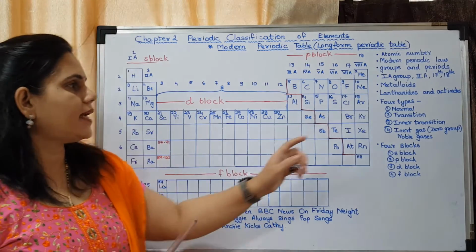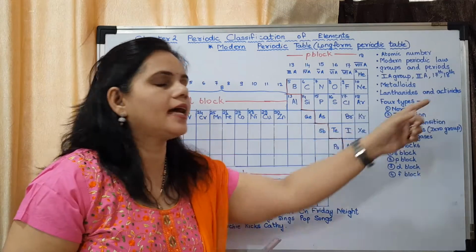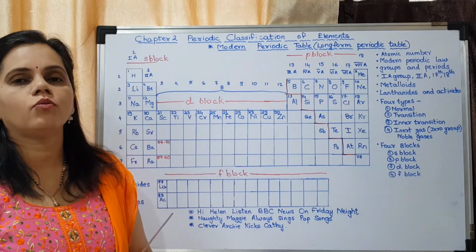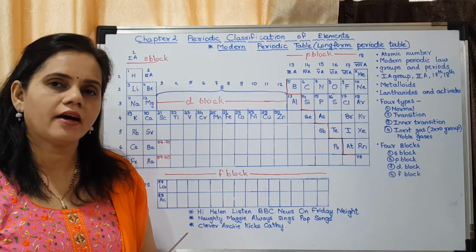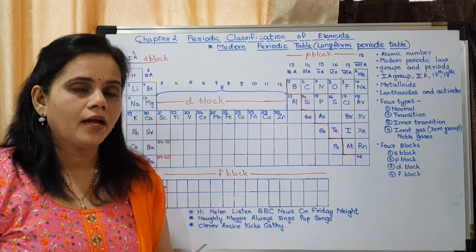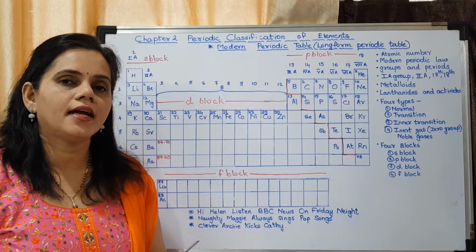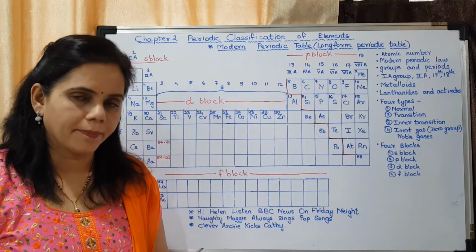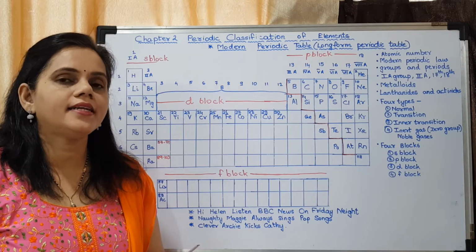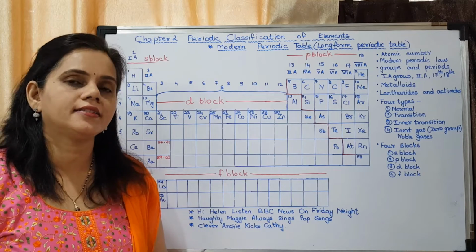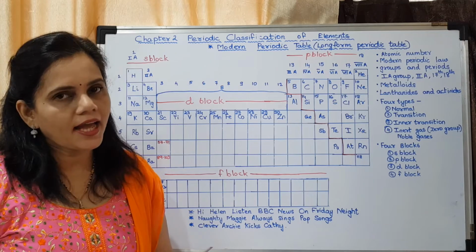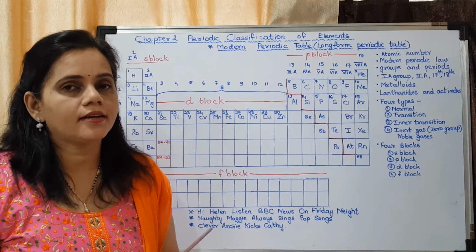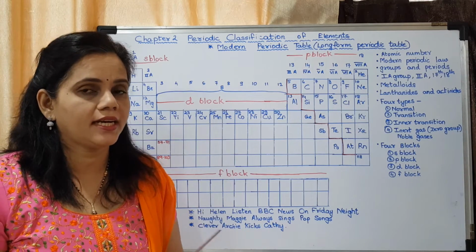Now the next is lanthanides and actinides. What are lanthanides? Lanthanides are elements after lanthanum, and actinides are elements after actinium. Now what is their speciality?